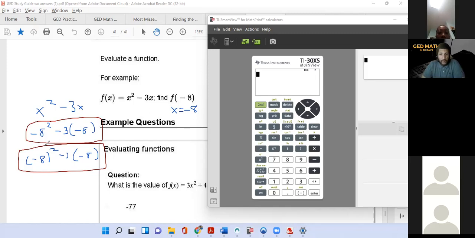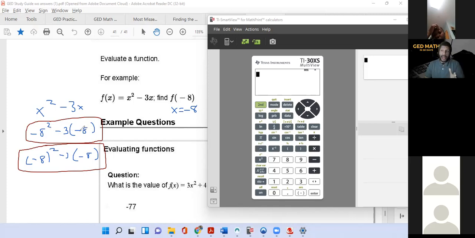Anybody can answer. No, they're not the same. Okay, they're not the same. Anybody else? I don't think so. They're not the same. So what they expect you to do, or make the mistake, when you have a negative number is to do the first one: minus 8 squared minus 3 times minus 8.